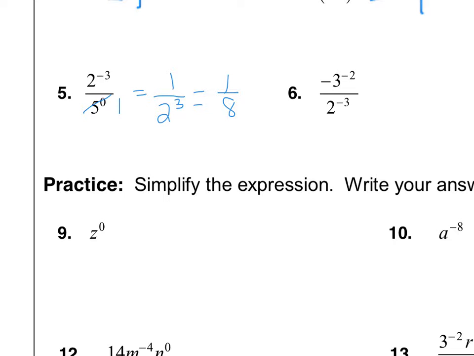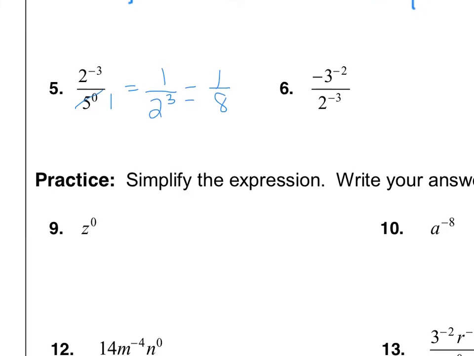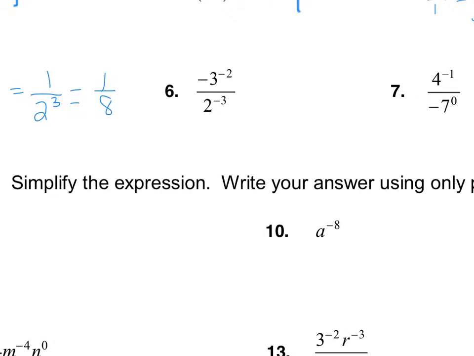Okay, on number 6, we've got 2 unhappy or negative exponents. So we've got 2 bases that need to cross the line. So my negative 3, that's kind of a special situation. What that really is, the 3 has the negative exponent, but this negative 1 is not attached to the exponent. So that negative is fine where it is.